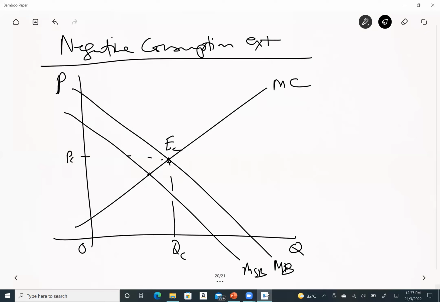So the quantity of consumption will be here, QC. And that will give you the marginal external cost, the MEC, that is generated to you at QC.